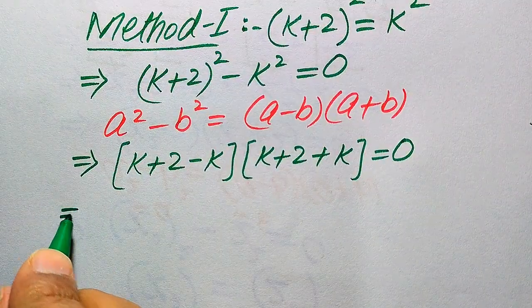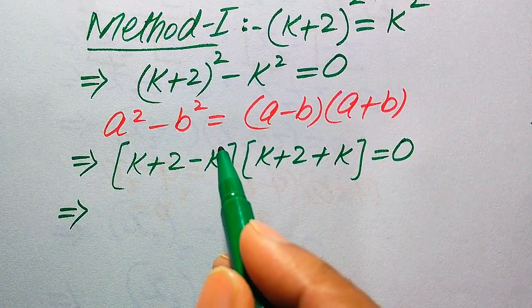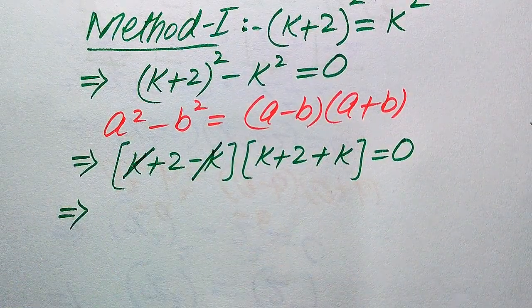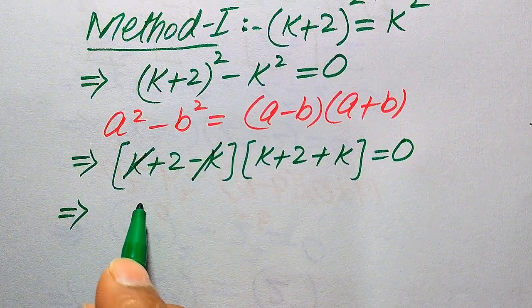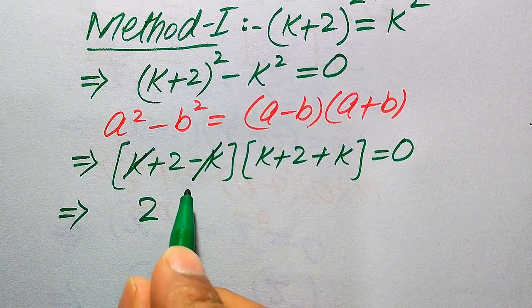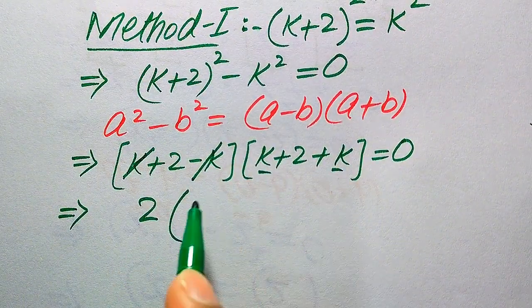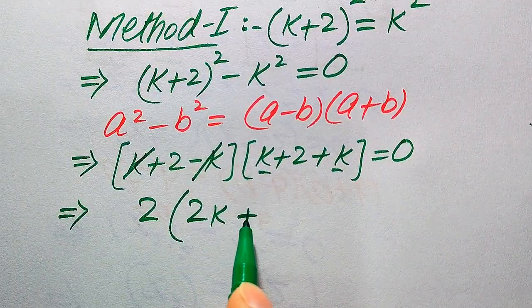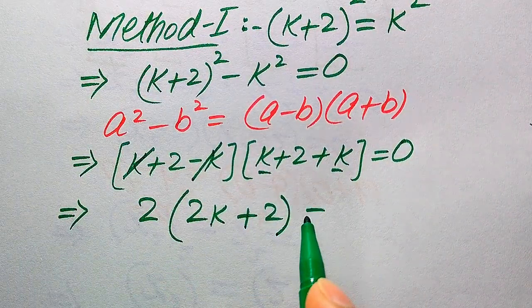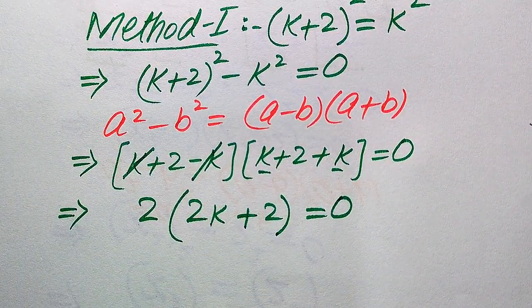Now in the next step we need more simplifications. You see this is -k and this is +k, they cancel out each other, and here we obtain 2 only, and here we add k + k becomes 2k, plus 2, and this whole equation is equal to 0.